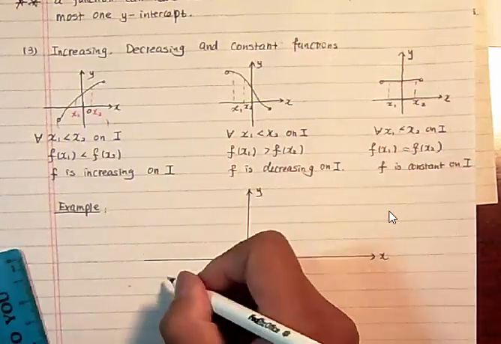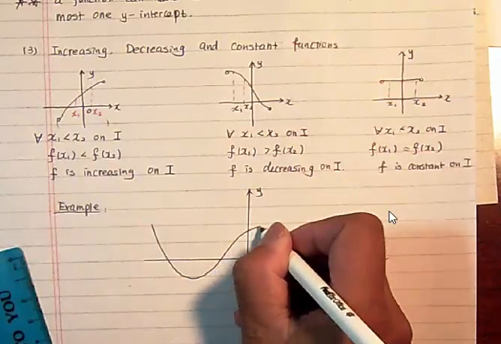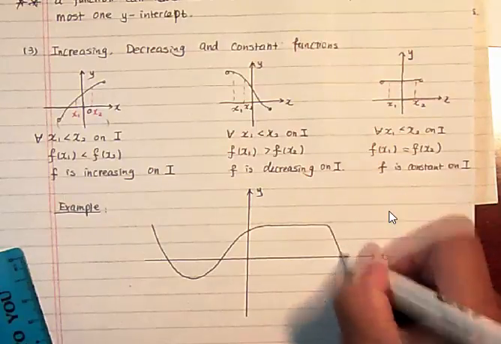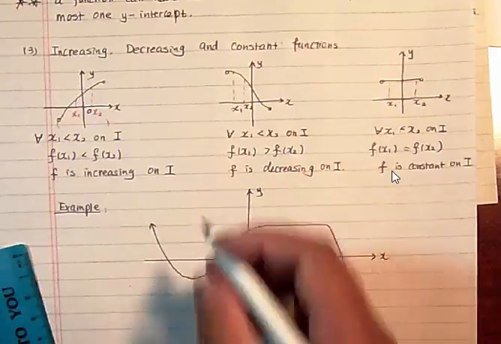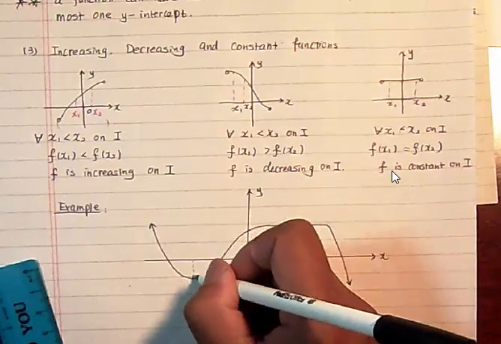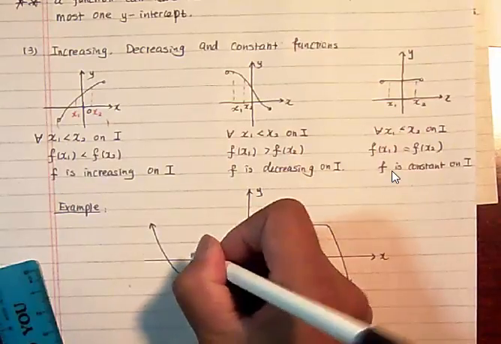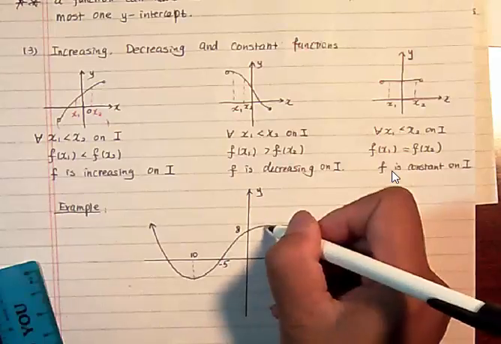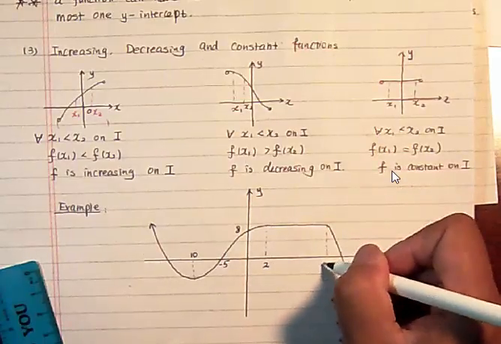Okay, so I'm going to have this function, and let me label some key things. Maybe this is -5, this is 10, and that point is A, and this point is 2, and this one is 14.